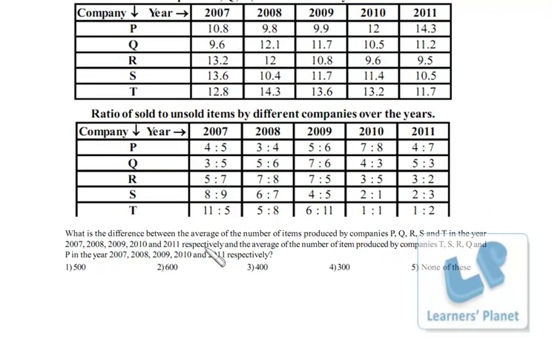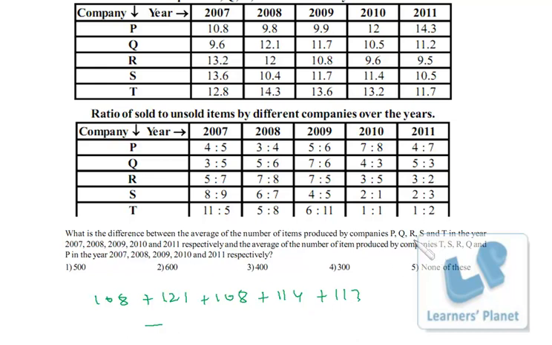P 2007, 10.8, so I write it as 108. Q 2008, that's 121. Then R 2009 108, S 2010 114, T 2011 117.